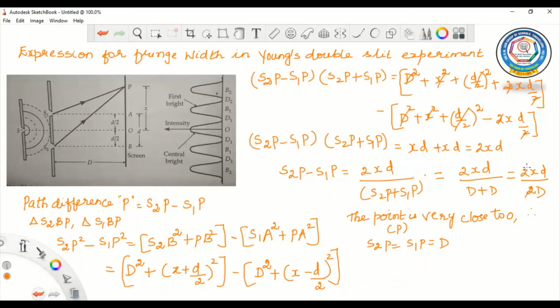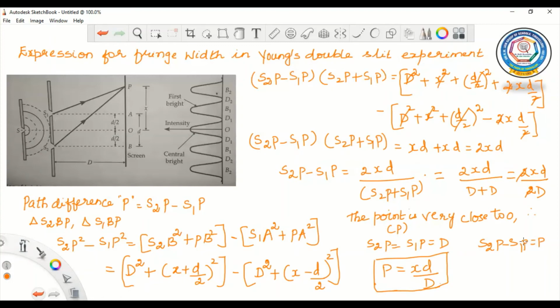This 2 and 2 get cancelled, so the path difference will become xd divided by D. So this is your path difference, that is, S2P minus S1P is equal to the path difference.